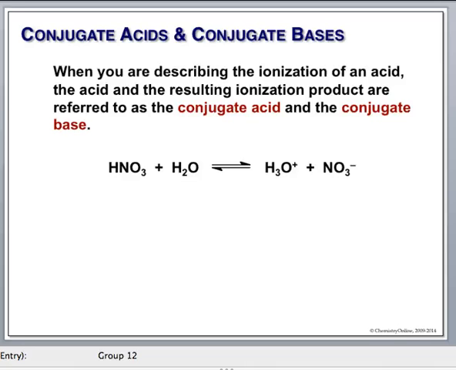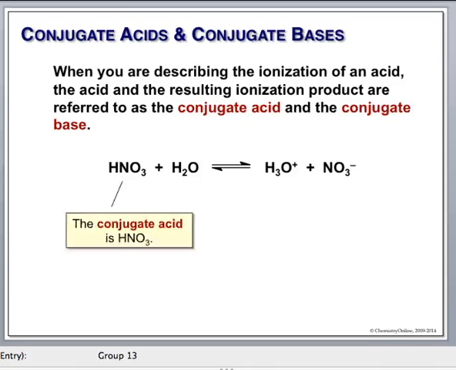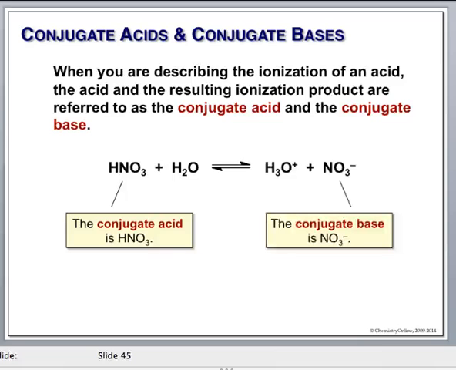However, we can also describe this in terms of nitric acid being a Bronsted acid and having a conjugate base. If we describe nitric acid here as a conjugate acid, when we take its proton off, we generate nitrate, which is now referred to as its conjugate base.